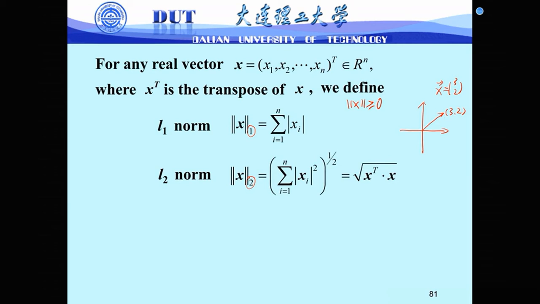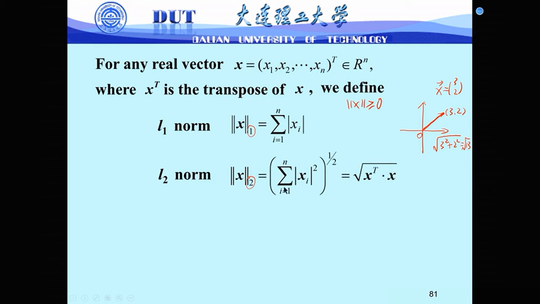So we know this point, the distance of the vector is square root of 3 square plus 2 square, equal to square root of 9 plus 4. So it is square root of 13. It's okay for you? Now you know this norm before. Okay, we use another name, Euclid norm, or Euclid distance between the origin point to this point 3, 2. It's okay for you?